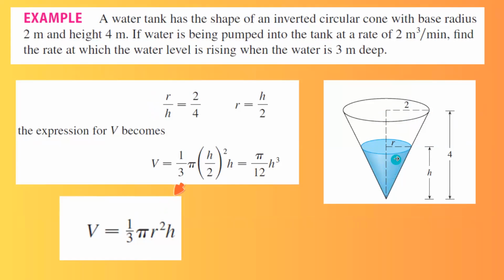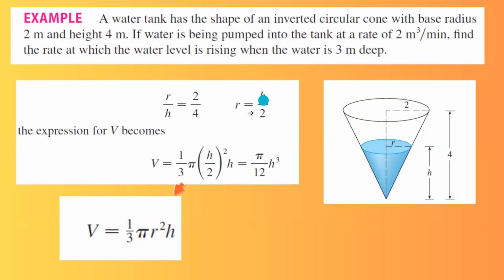As the water is pumped into the cone, the radius increases and it becomes closer and closer to 2. The same for the height. As water is pumped into the cone, the height is changing until it reaches 4. Basically, the ratio of r to h is 2/4, or r is h divided by 2.